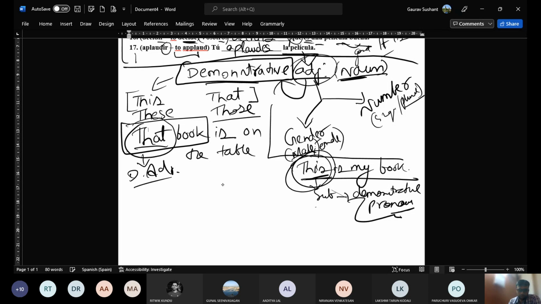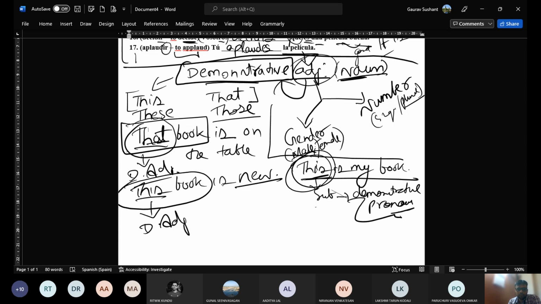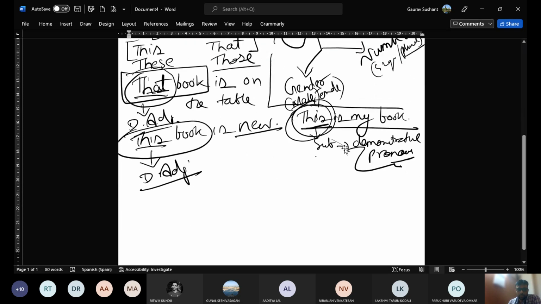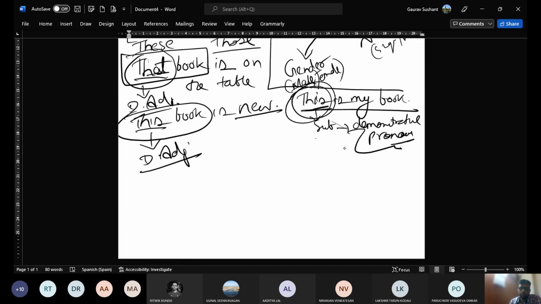Or if it is this, so this book is new. Here obviously the word this is again a demonstrative adjective. Please understand this difference, and accordingly we will be using it in Spanish also.